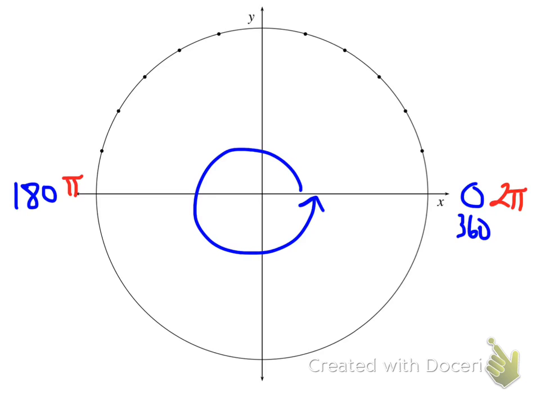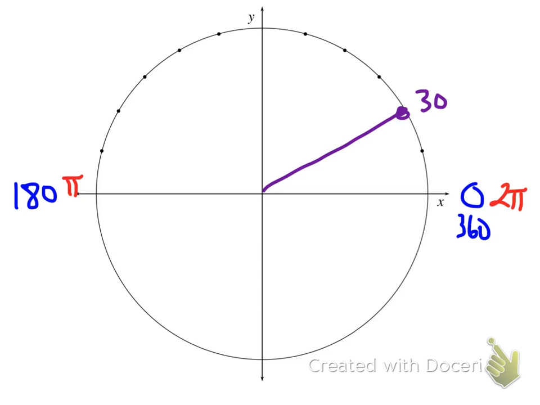From there, we can start figuring out several others. I am going to skip the 15-degree angle because we do not have exact coordinates for the 15-degree angle. And I'm going to go straight to the 30-degree angle right here. So that is 30 degrees. 30 goes into 180 6 times.